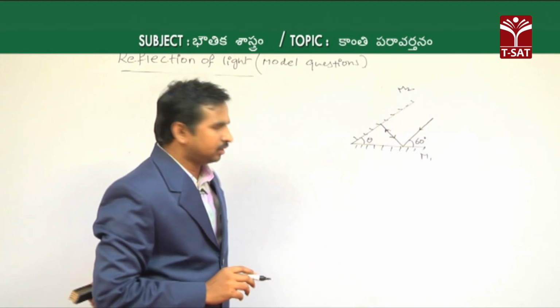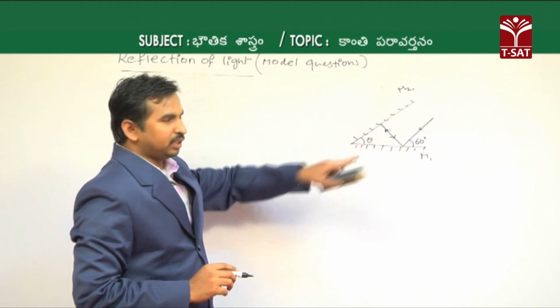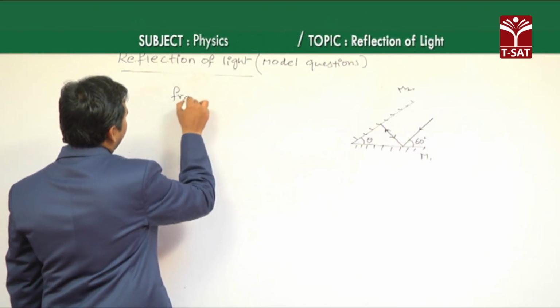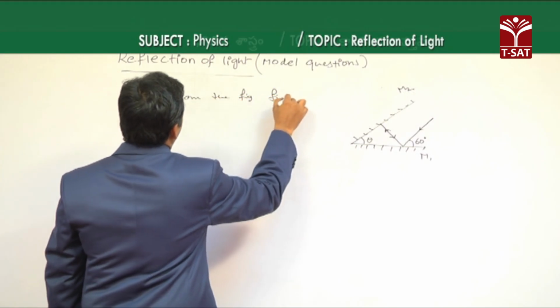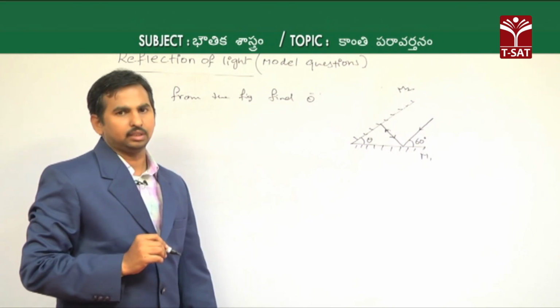Then the question is how to arrange these two mirrors, what is the angle between them. From the figure, we have to find the angle theta.